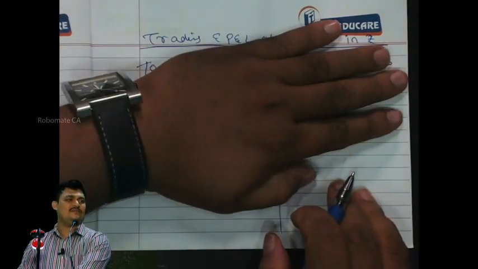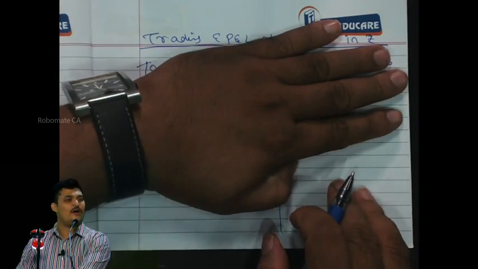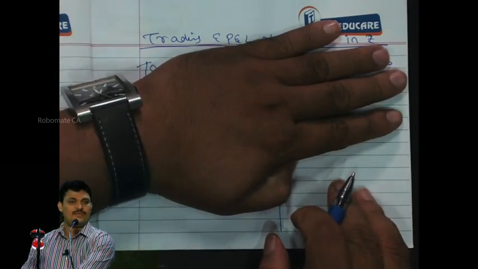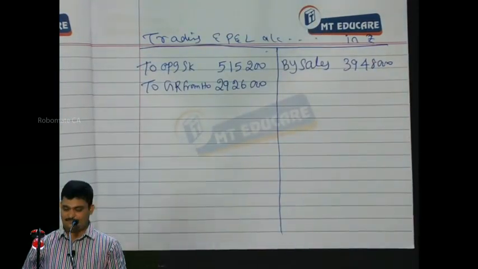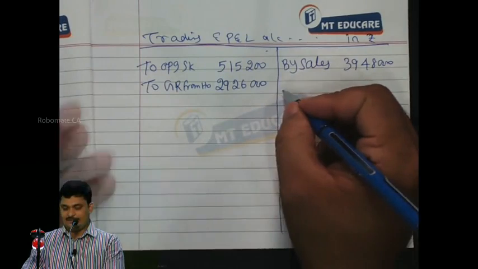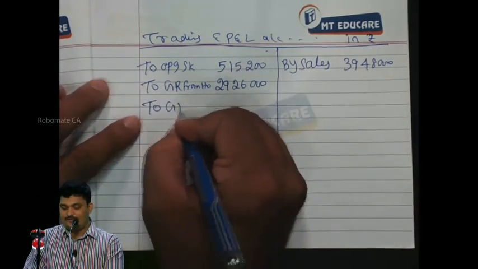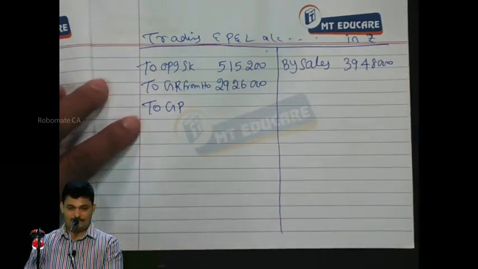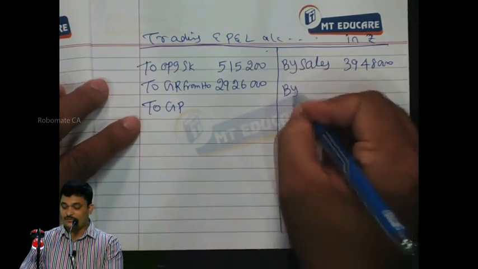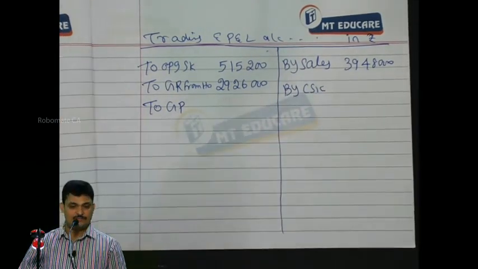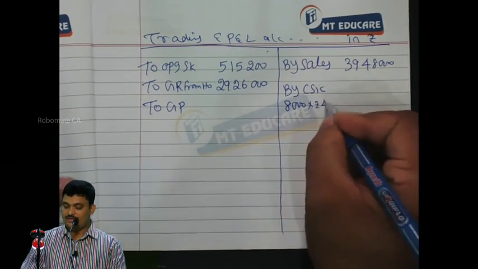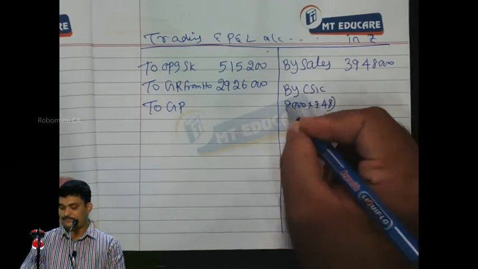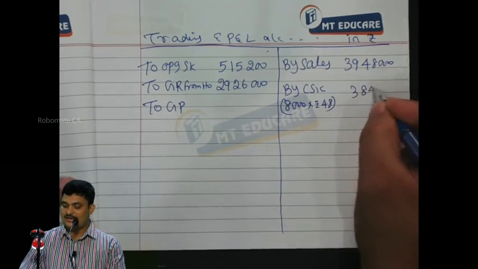Friends, please listen rather than even copying. You can copy later, my dear friend. Try to understand that. Now listen, here gross profit is not what you arrive at. By closing stock is what you should arrive at, which is 8,000 into 48, 3,84,000.